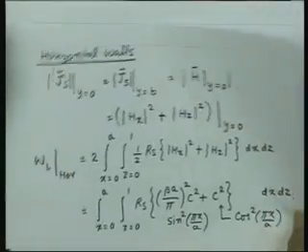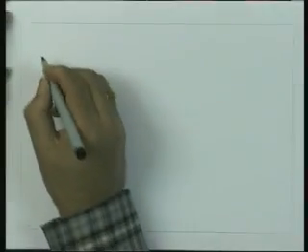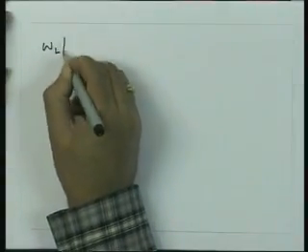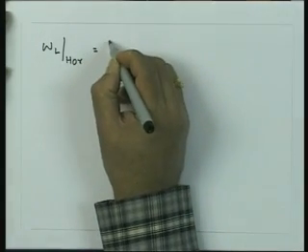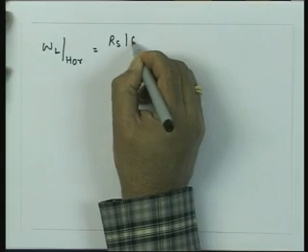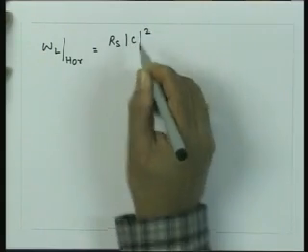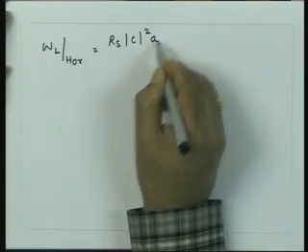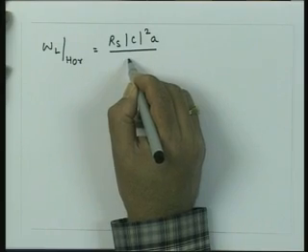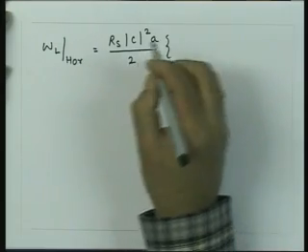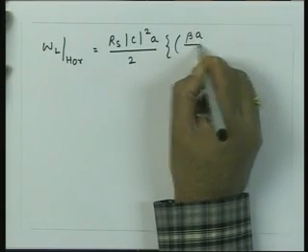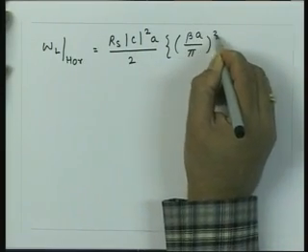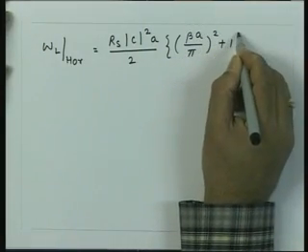By solving this integral, essentially we get the W loss for the horizontal walls, that will be Rs |C|^2 a upon 2 into (beta a upon pi) whole square plus 1.